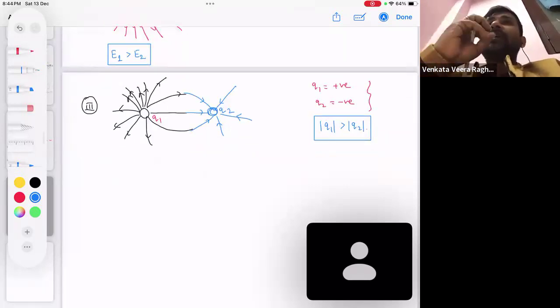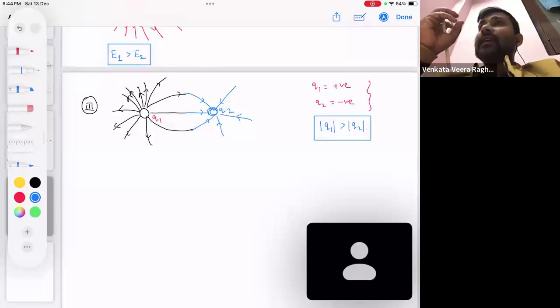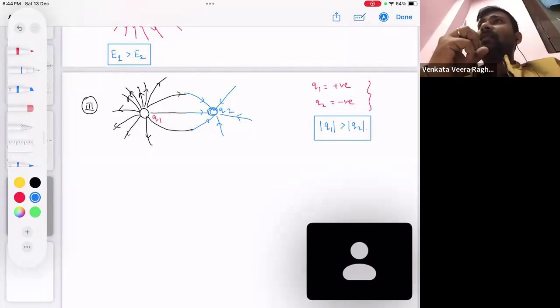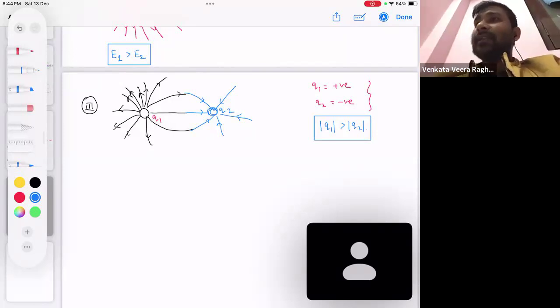So if I say one charged particle is emitting 20 field lines and the other one is emitting 10 field lines, can you tell me the direct comparison? Can I say the first one is 2 times a stronger charged particle than the other one? Meaning the magnitude of the first charge is 2 times the magnitude of the second charge, because it is emitting exactly 2 times the field lines emitted by the other charged particle.